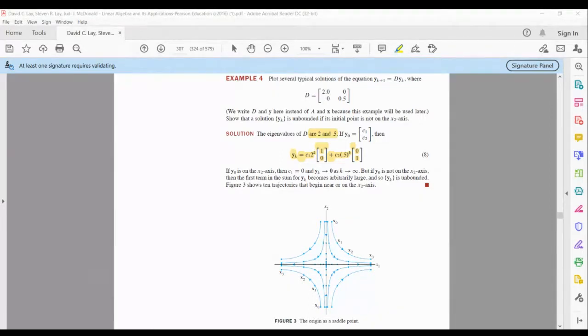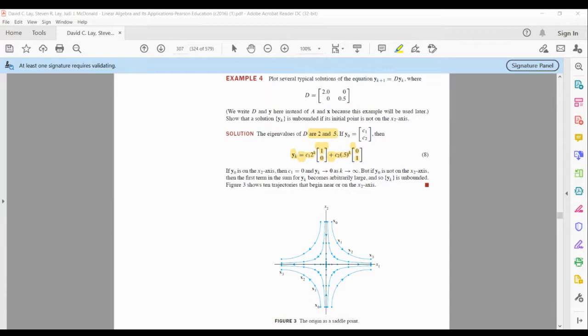So as k gets large, the terms on your trajectories will eventually hug the x1 axis, because the first term with the 2 to the kth power in it is multiplying the vector 1, 0. And the second term basically disappears as k gets large.